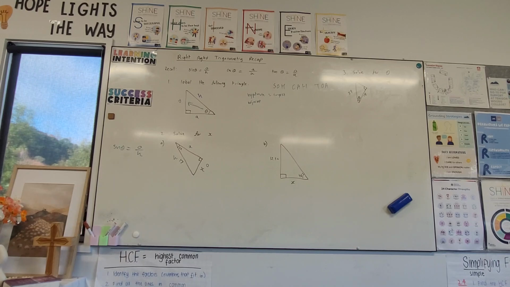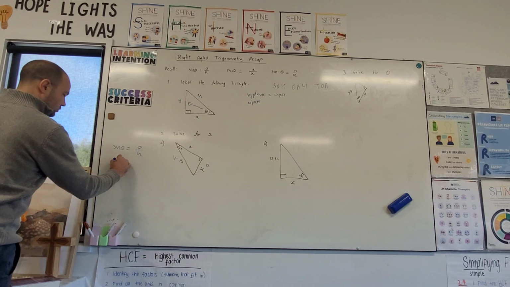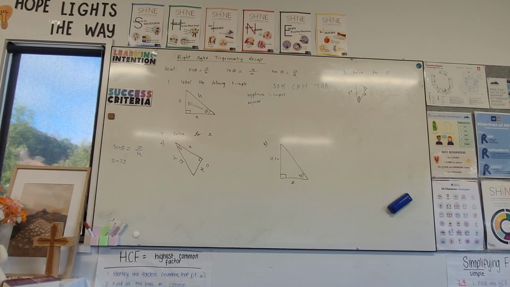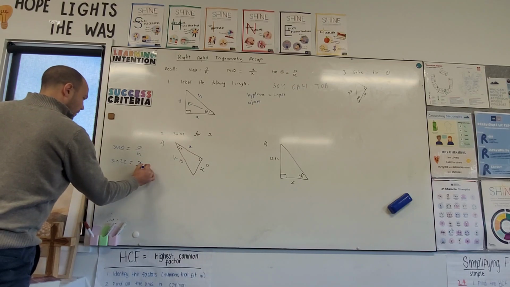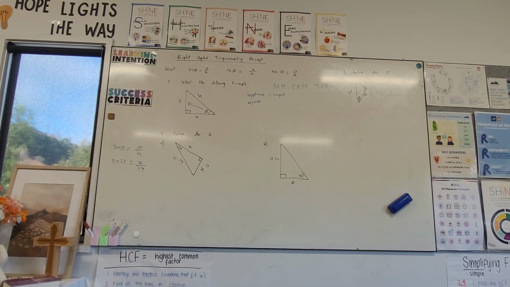Then we will substitute in the information that we have. The angle is 22 degrees, so we're going to put sine 22. The opposite side corresponds with x, and the hypotenuse corresponds with 17.